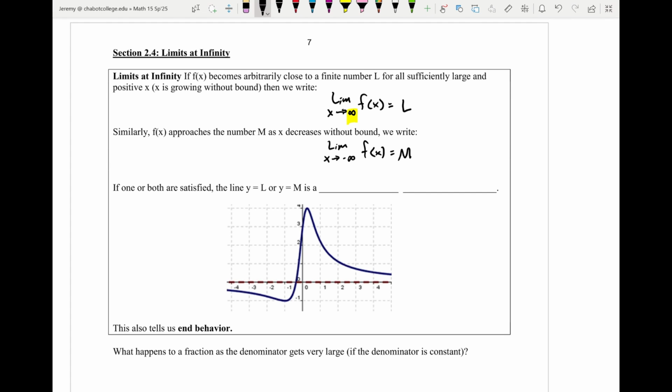All right, so now we're looking at limits where x values are getting infinitely large or infinitely small. If one or both are satisfied, the line y equals L or y equals m is a horizontal asymptote.